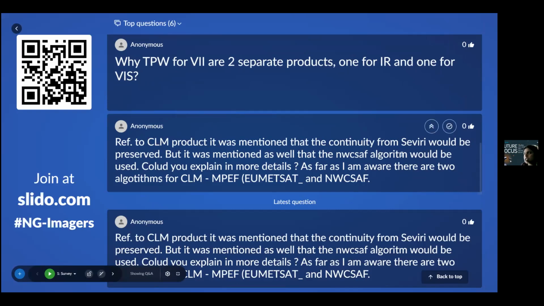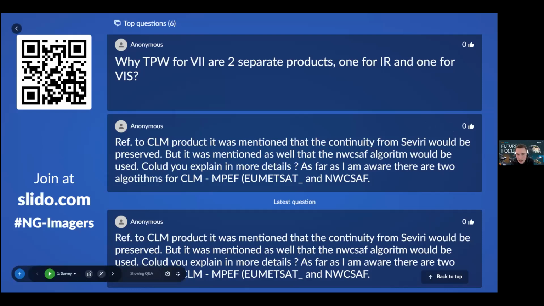Referring to the CLM product, it was mentioned the continuity from SEVIRI would be preserved, but it was mentioned as well that the nowcasting CEPH algorithm would be used. Could you explain in more detail? As far as I am aware, there are two algorithms for CLM, in MPEF, EUMETSAT and nowcasting CEPH. Continuity refers to which channels are used.